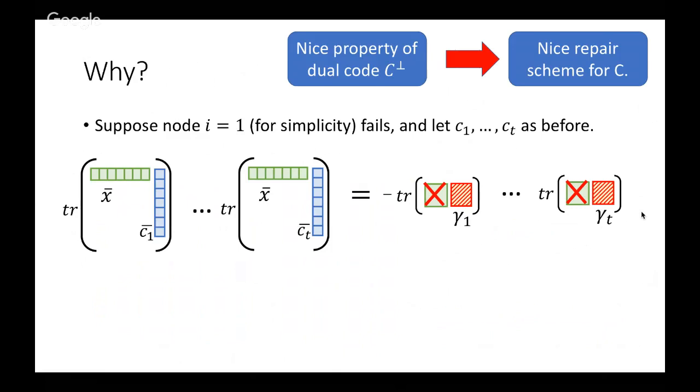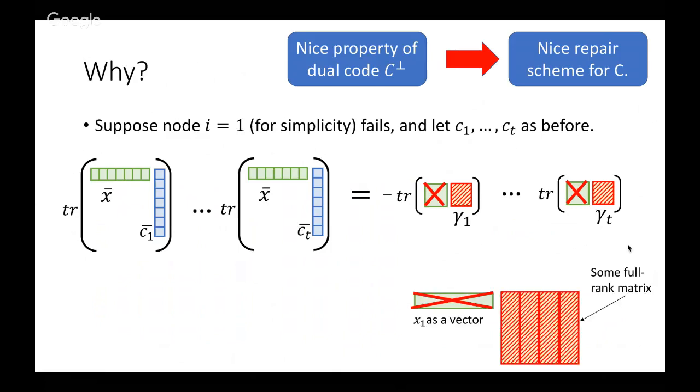So now we can do the same thing that we said earlier, which is that trace here is essentially acting like an inner product. So I should think of this bunch of bits here as being an inner product between x and what happens when I treat gamma 1 as a vector, and then gamma 2 as a vector, and so on until gamma t as a vector.